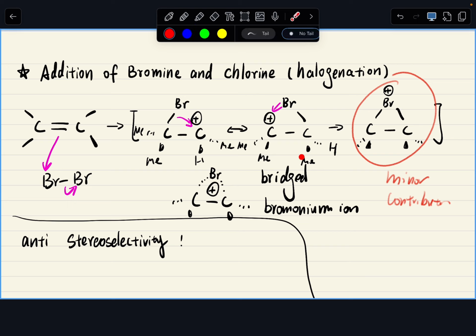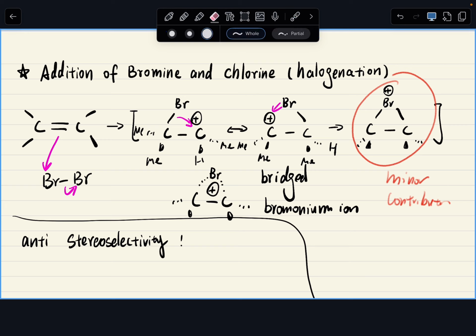So comparing these two, if I have two methyl groups on one of the carbons, and then one methyl, one hydrogen on the other, then this one will become the more major contributor of the resonance. The reality is still an overlay of all three, but the relative distribution of that positive charge could tilt towards one carbon or the other.